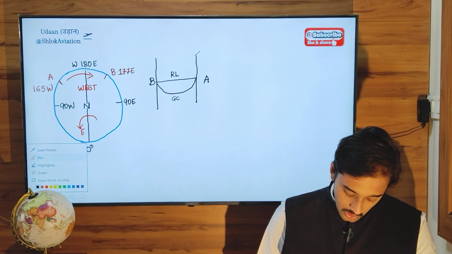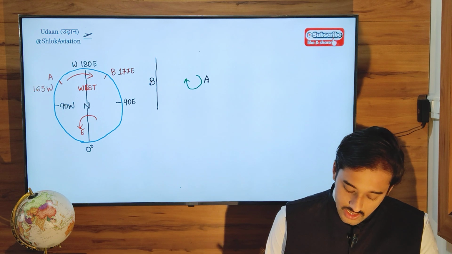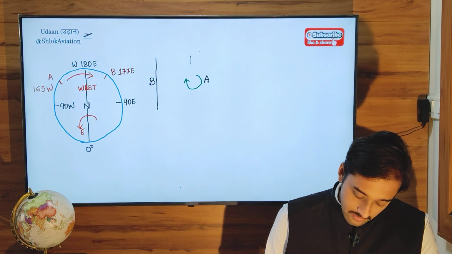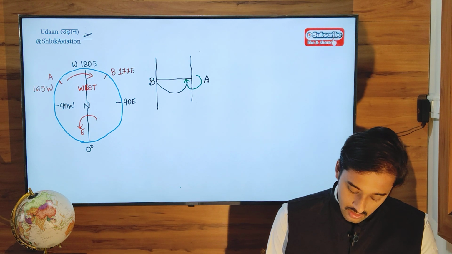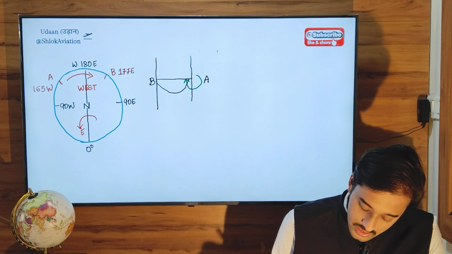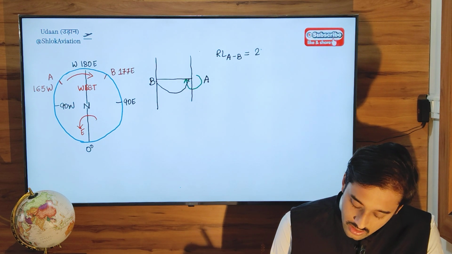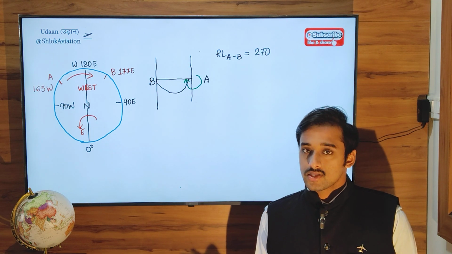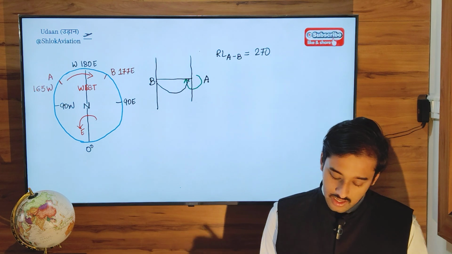Now we know the angle from A to B Rhumb line track is 270. Because both are located at same latitude 60 degree north, the directions will be easterly and westerly.